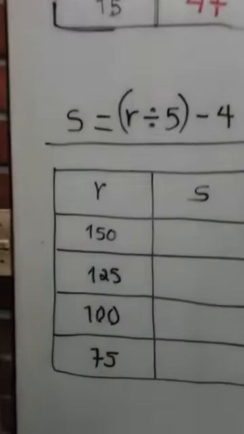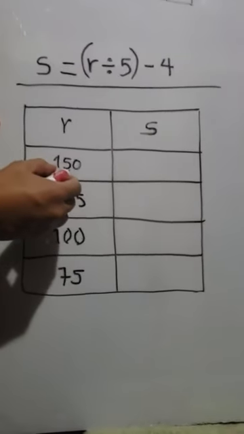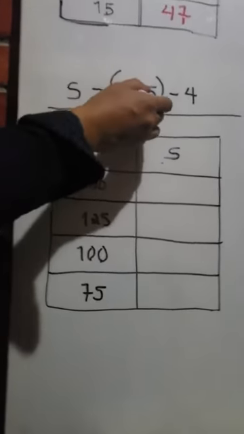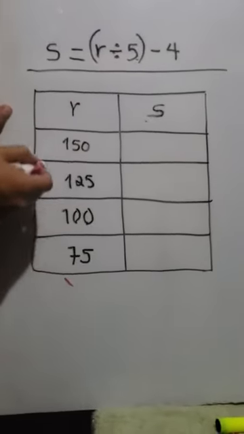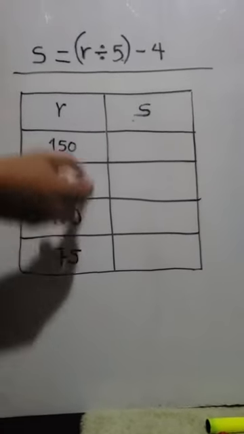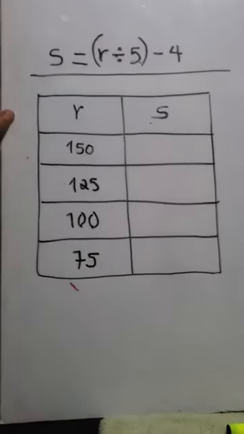Let's do this exercise here. Let's see. It says letter S, this one, is R divided by 5. These are numbers, 150, 135, 175. All of these numbers are going to be divided by 5. And then we are going to subtract 4.